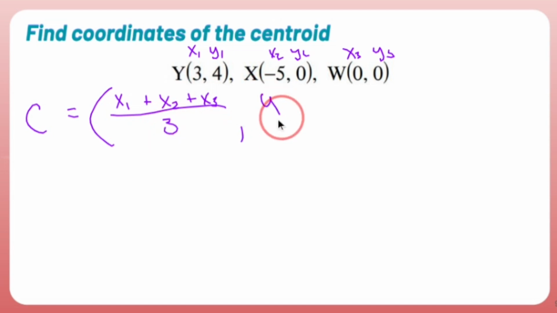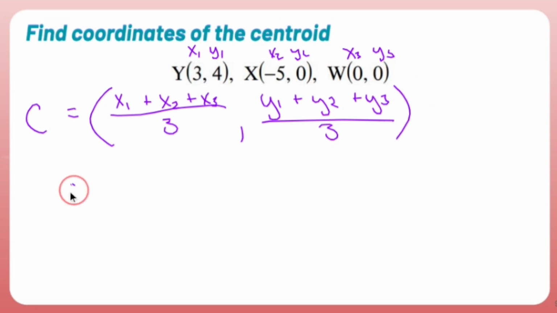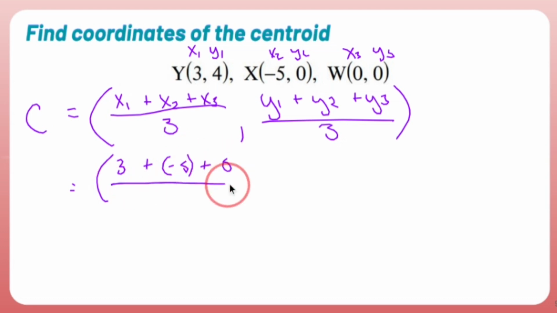Do the same thing with the y values, y sub 1, y sub 2, y sub 3, divided by 3. So that's going to be 3 plus negative 5 plus 0 divided by 3.